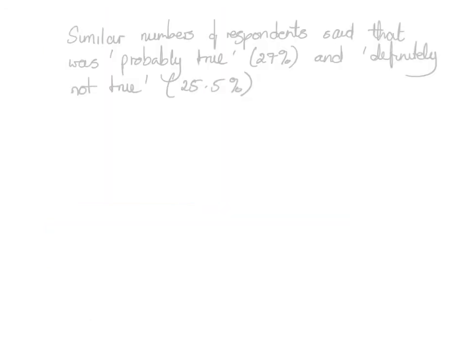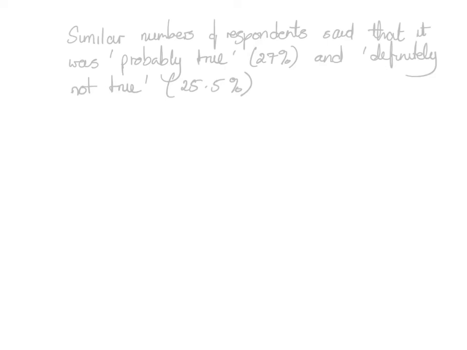Looking at our data, we can see that almost a quarter of the respondents, people responding to this survey, thought that the statement was probably true, and also over a quarter thought that it was definitely not true. So the way that I've summarised that is: similar numbers of respondents said that it was probably true, and again I'm backing it up with evidence, and definitely not true, 25.5%.